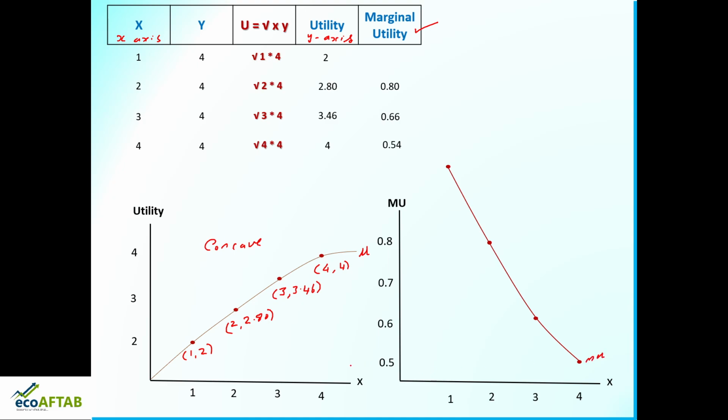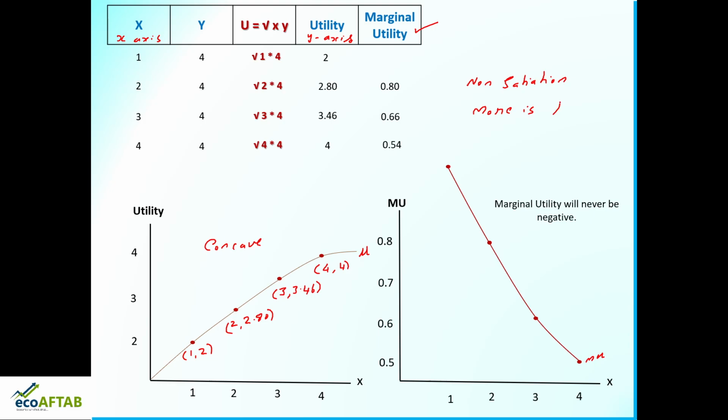One thing to be highlighted over here is that marginal utility will never be negative. Why? Because in the assumptions of utility preferences, one assumption is non-satiation. What is this non-satiation?